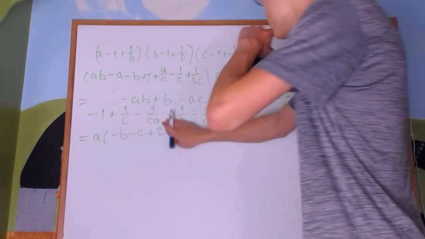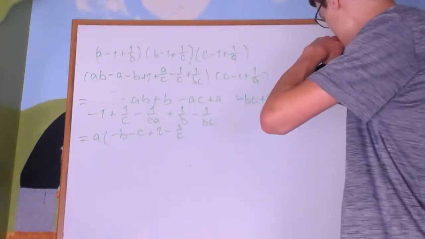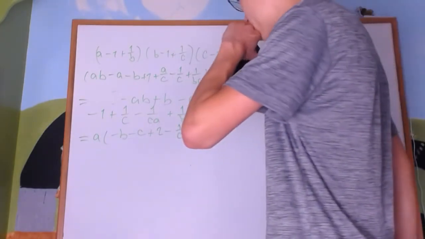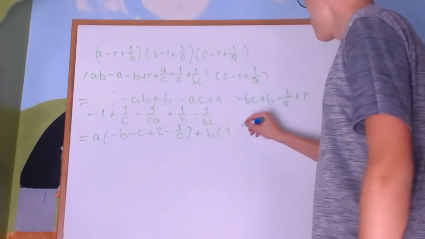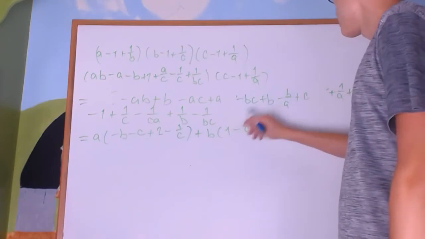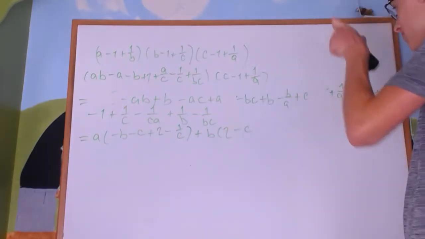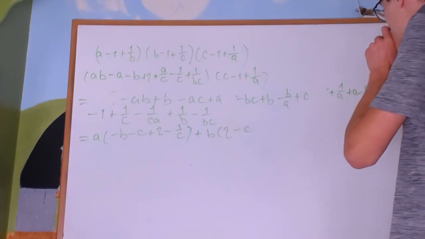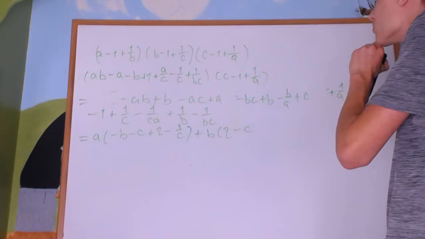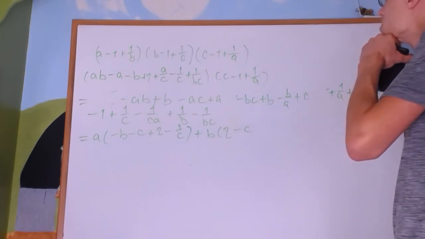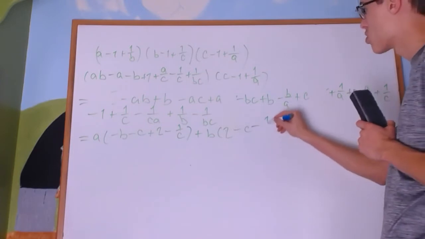Then minus 1 over C. Let's get all the B terms together. So 1 minus C. It's another 1. Minus C. There's no A term. It's a minus 1 over A.